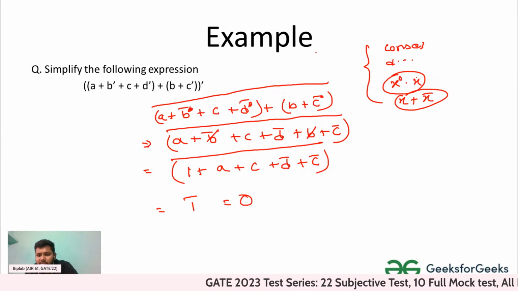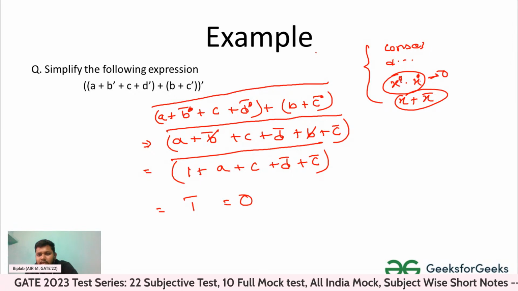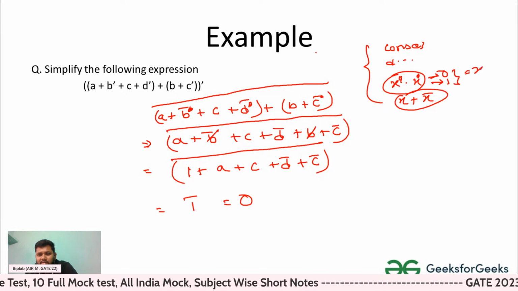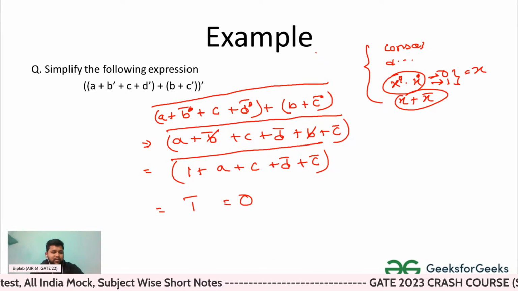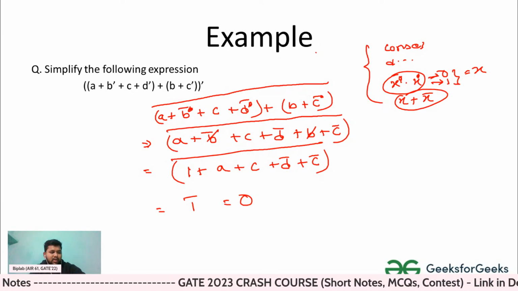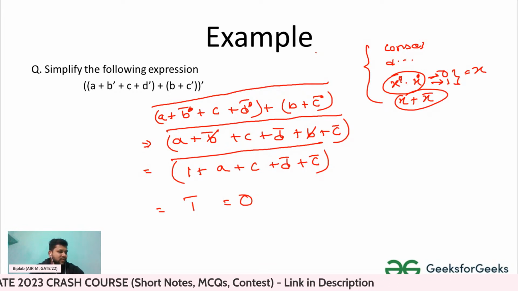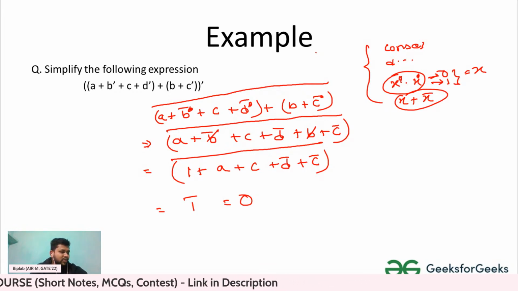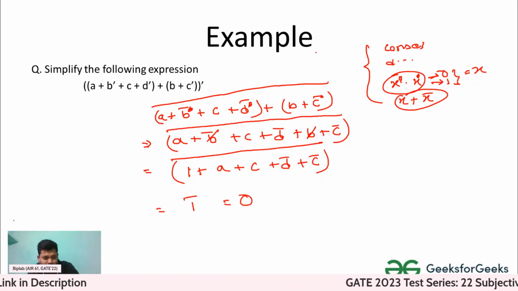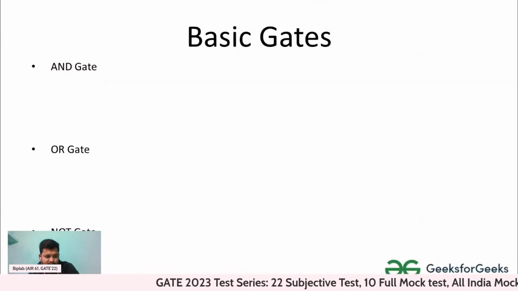Put x equals 0 and the multiplication is 0. Put 1 and the multiplication is 1. That means the multiplication always equals x. Take examples like this if you forget the basic formulas. The tough formulas, like the consensus one, I recommend you memorize directly, and solve more questions. I think you will be able to memorize all of these.